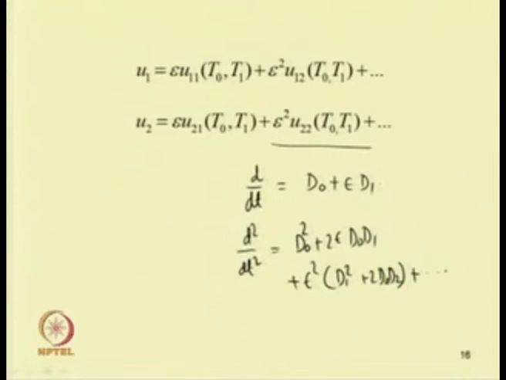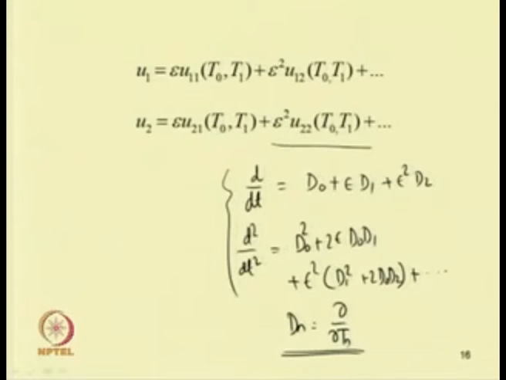Here also one can take epsilon square d 2, where d n is nothing but del by del t n.